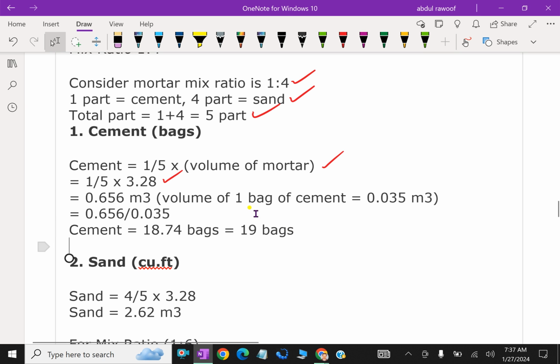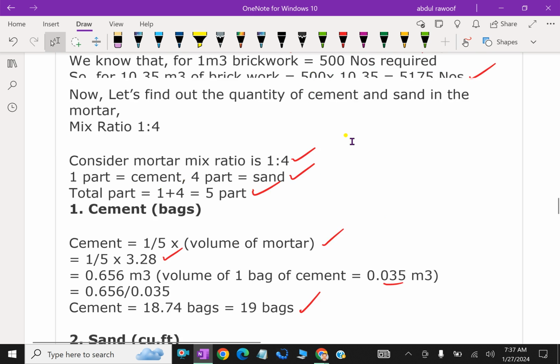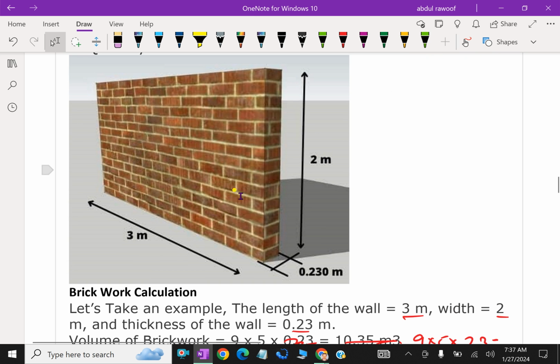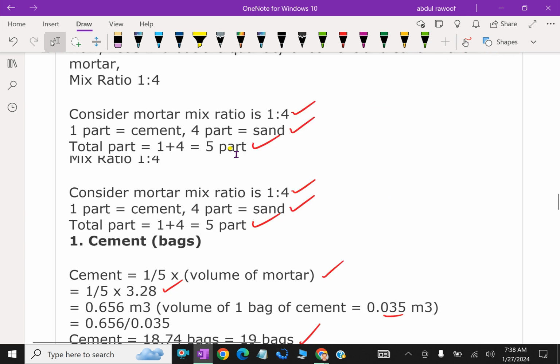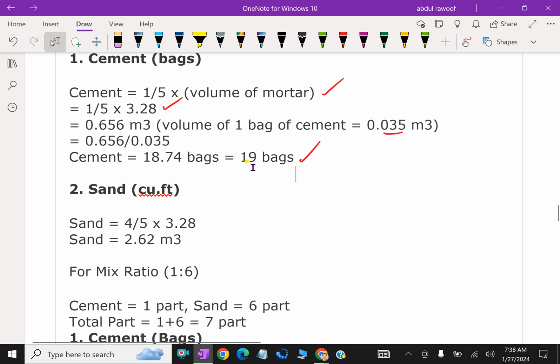The volume of 1 bag of cement is 0.035 meter cube. If we divide both, we get approximately 19 bags required for mortar for this size wall. That means nearly 19 bags.